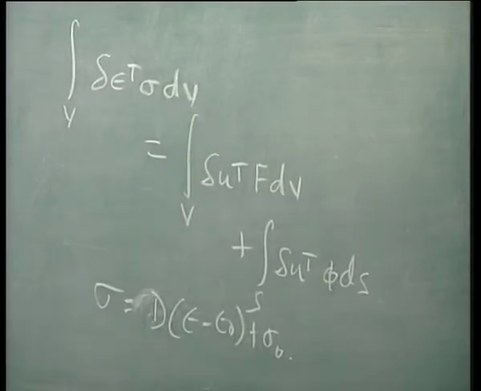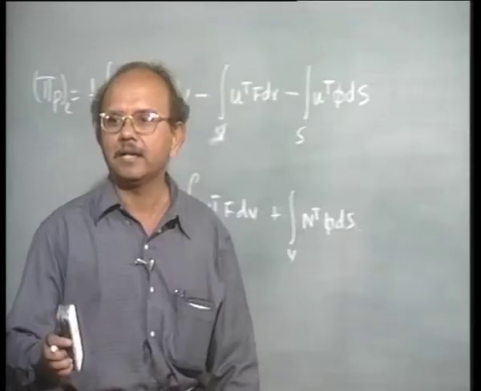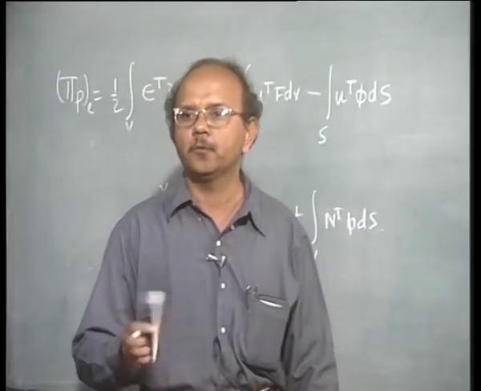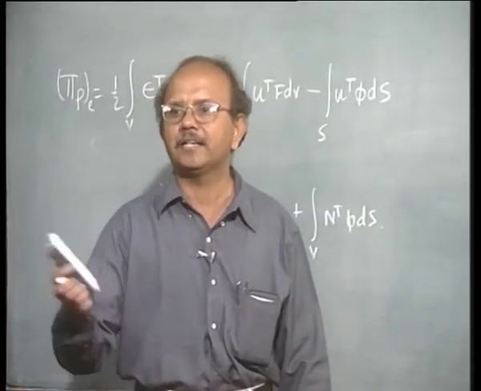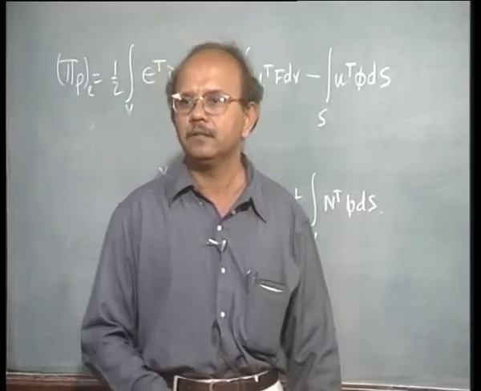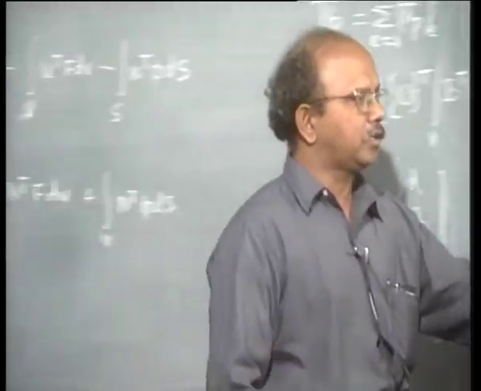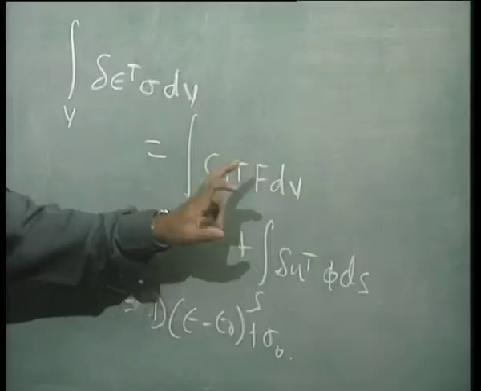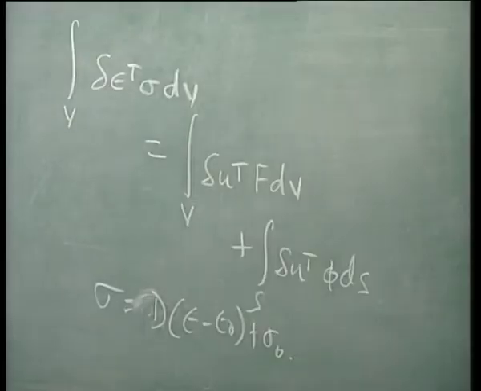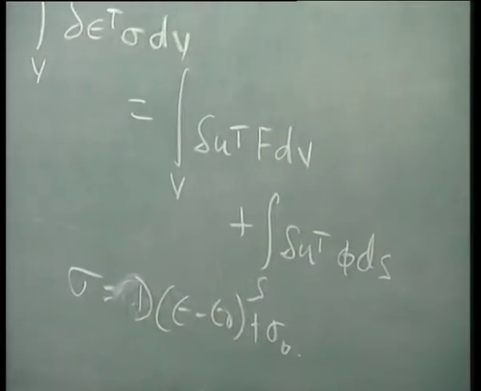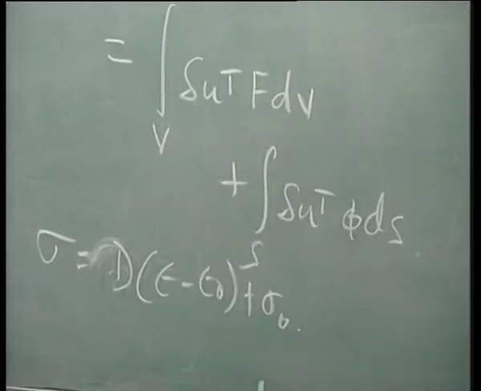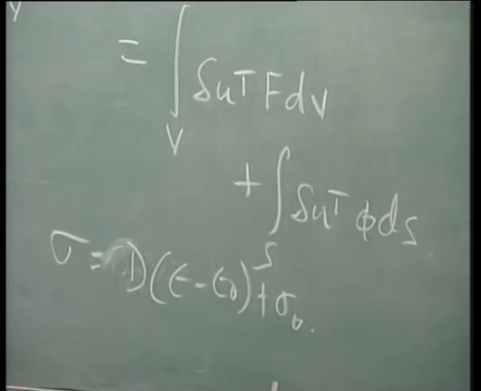What is delta u? N delta d. So, transpose of it, delta d transpose N transpose f dV. Is that clear? Now, what is the last term? Delta d transpose N transpose phi dS, very simple.